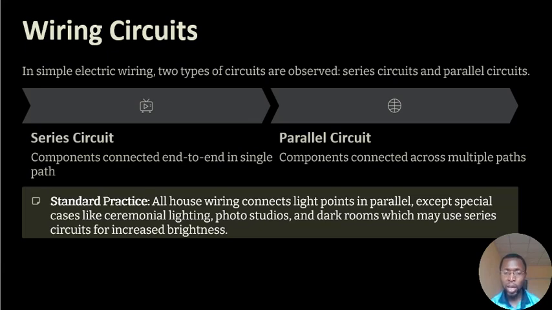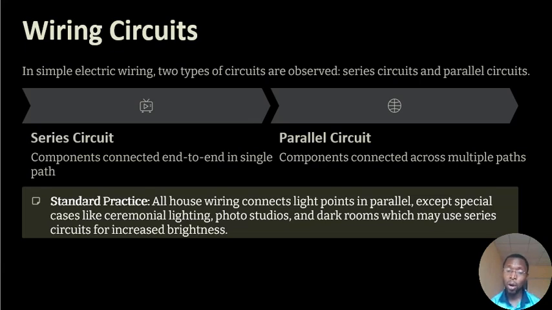Okay. For standard practice, all house wiring connects light points in parallel. So our lights are actually connected in parallel. And the essence of this is that when you connect lights in parallel, you can easily turn off one and the other one is not affected. But there are special cases like ceremonial lighting, photo studio, and darkroom which may use series circuits for increased brightness.